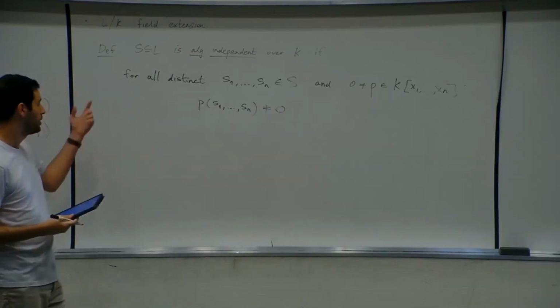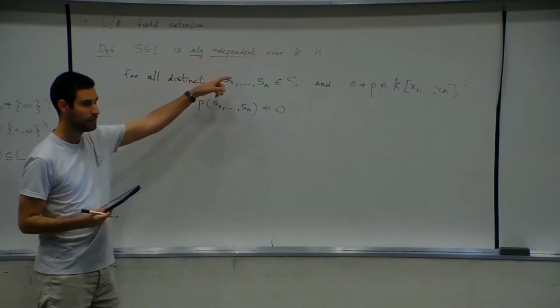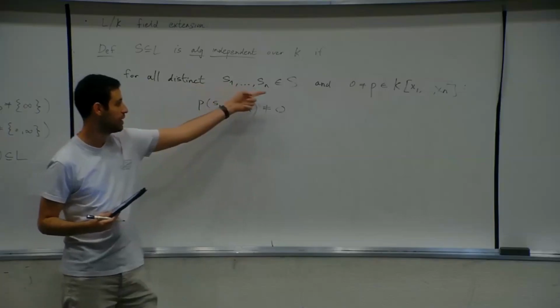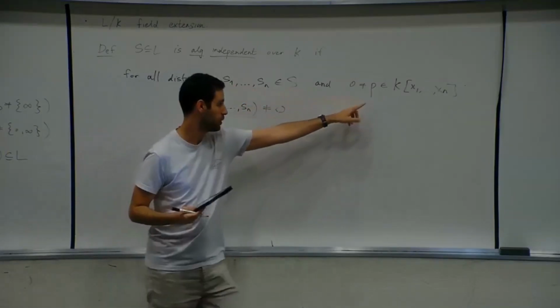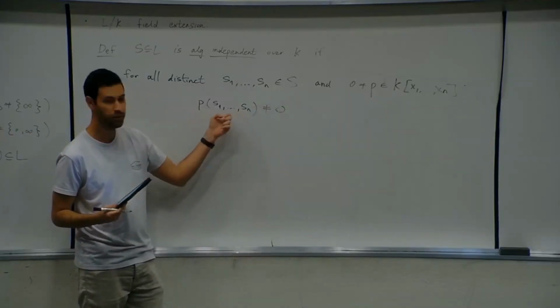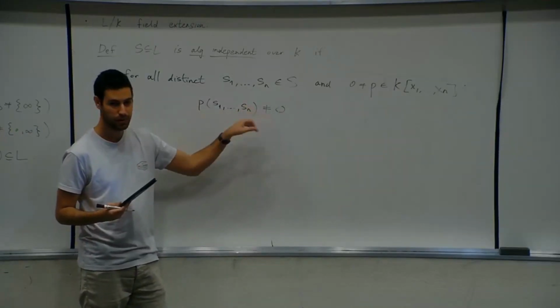It is algebraically dependent if we can find n distinct elements in S and a non-zero polynomial with coefficients in K, such that once we substitute s1 to sn into P, we get 0.